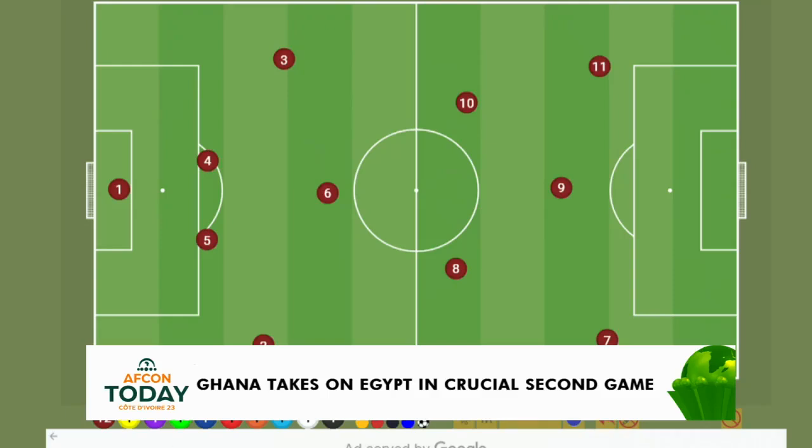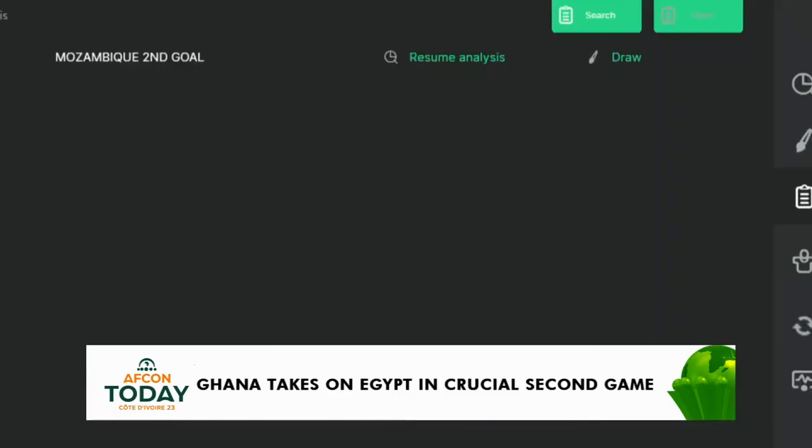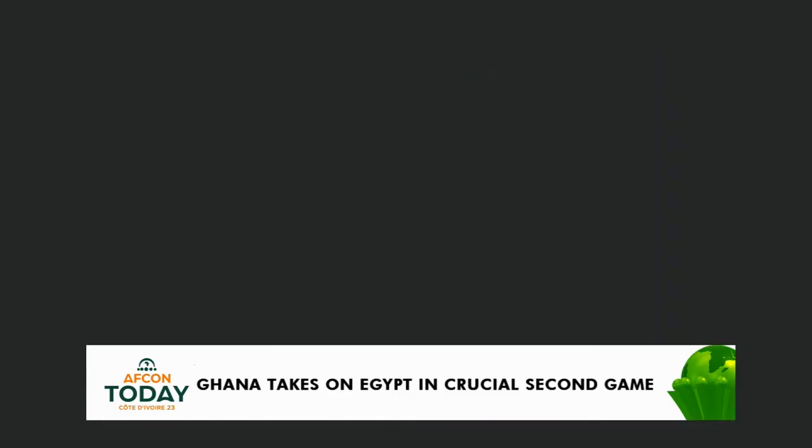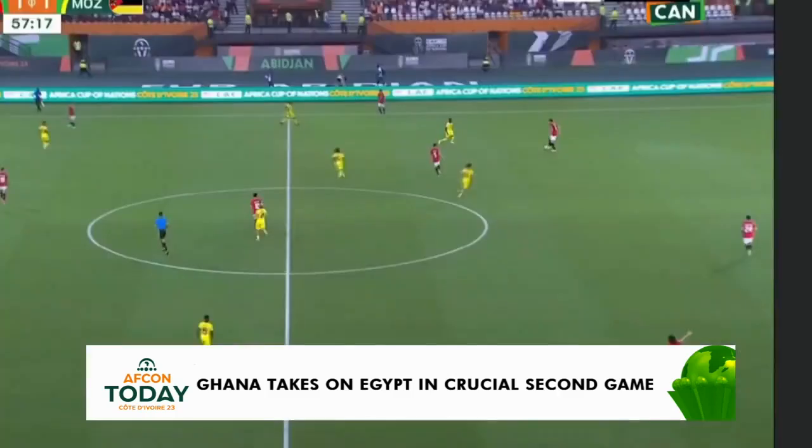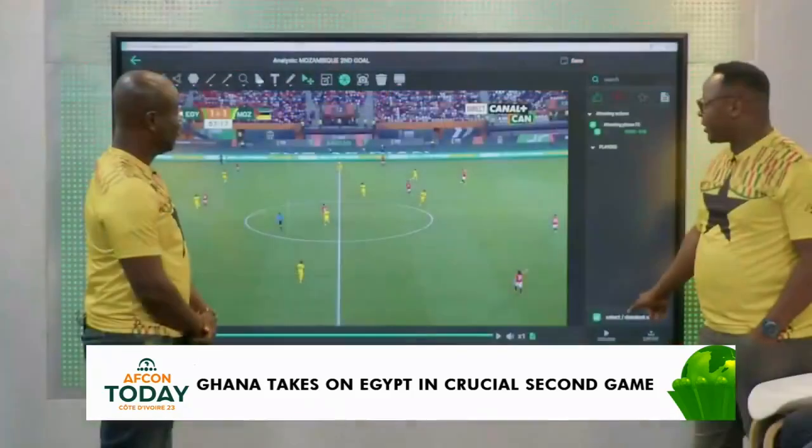All right? I just want to show you that second goal that Mozambique scored against Egypt. Now, this is Egypt in possession in their own final third.